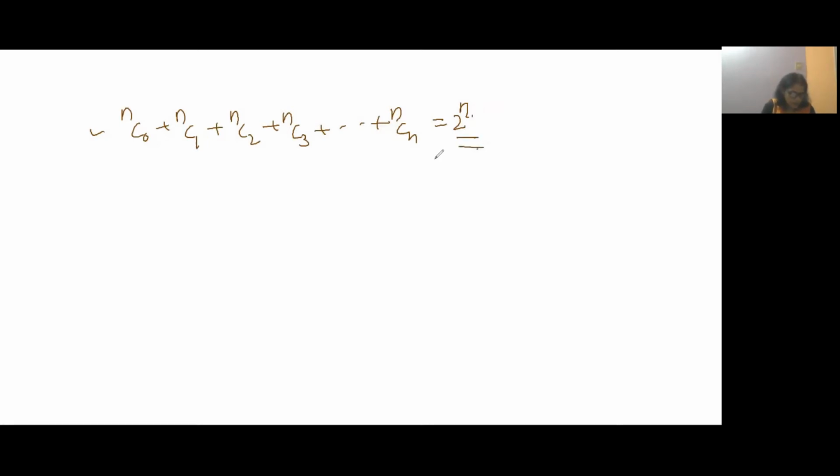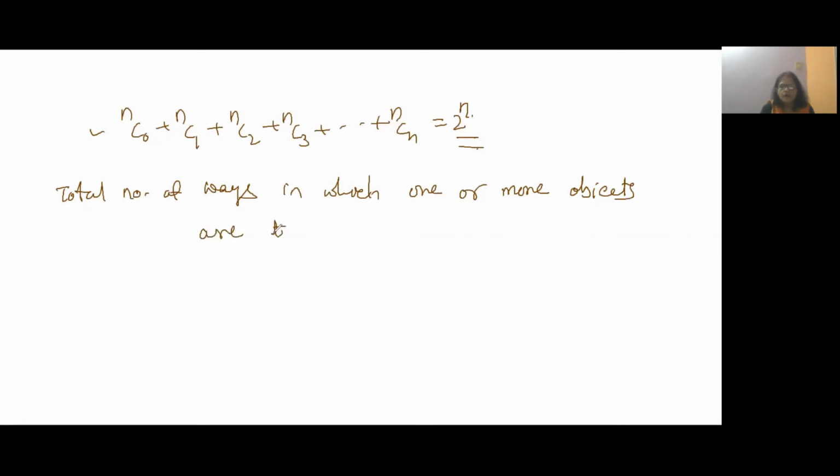So if you write here, total number of ways in which one or more, or at least one or more objects are taken at a time, are selected or taken.